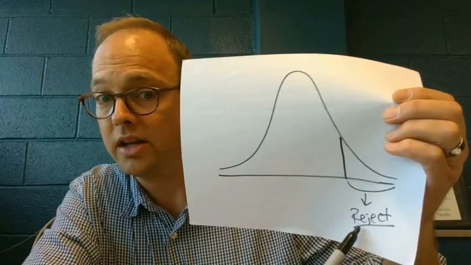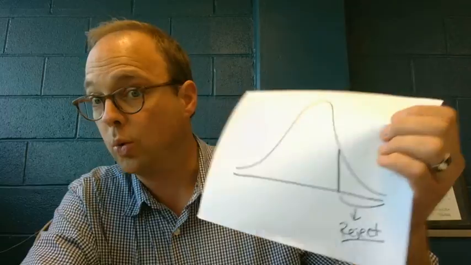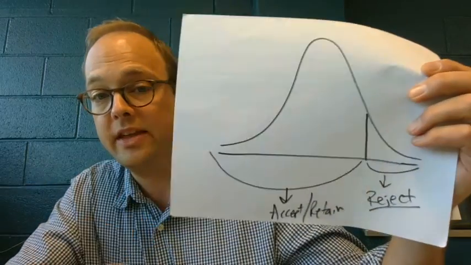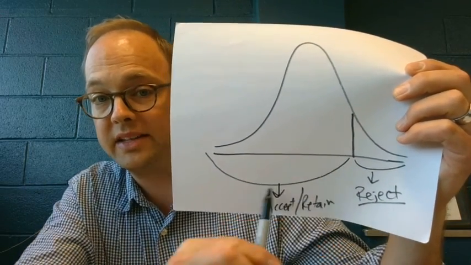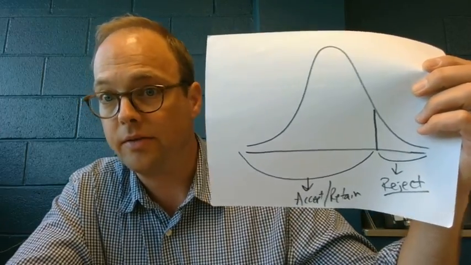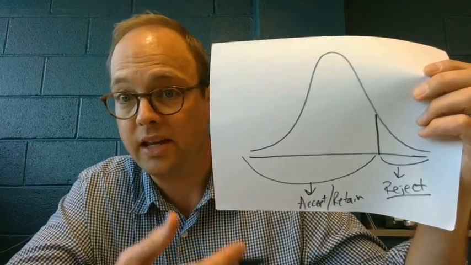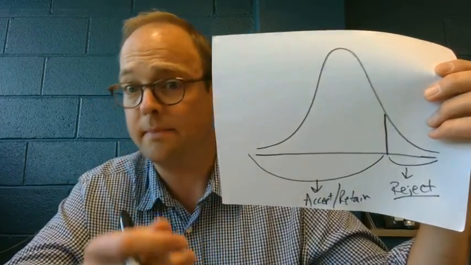You would discard it. On the other hand, if your data generated t-value falls in this portion, you would accept or retain the null hypothesis of equality or no difference. You would keep it and say those two things are the same.